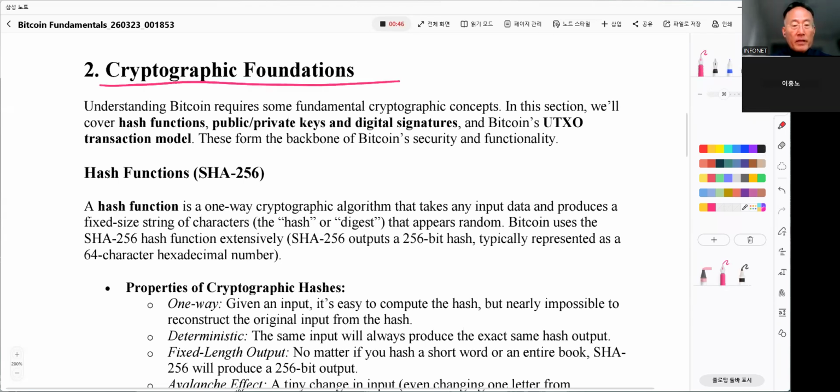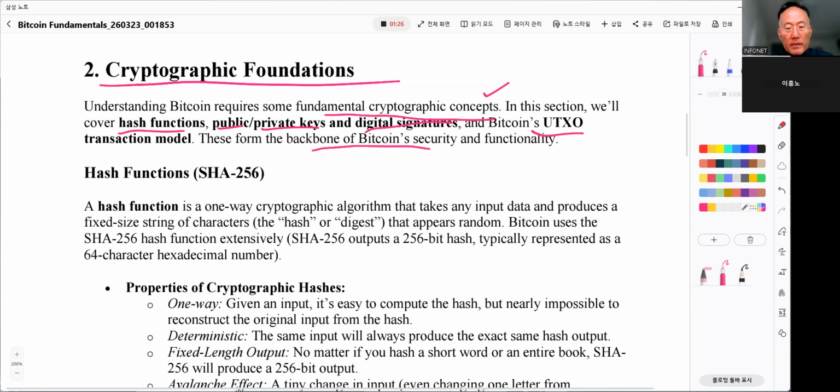Cryptographic foundation. In this note, we are going to discuss some fundamental cryptographic concepts and especially hash functions, public and private keys, and digital signatures, and Bitcoin's UTXO, and they form the backbone of Bitcoin security and functionality.